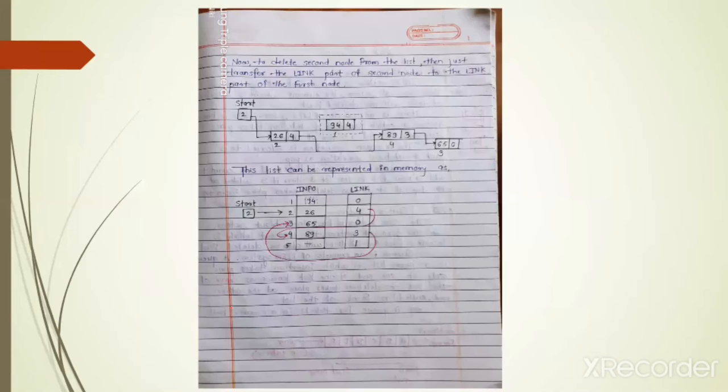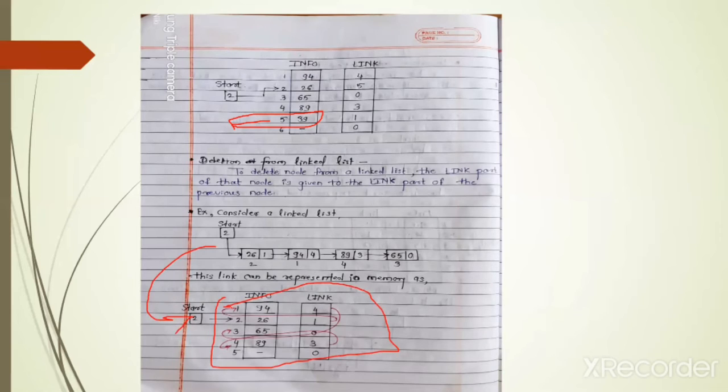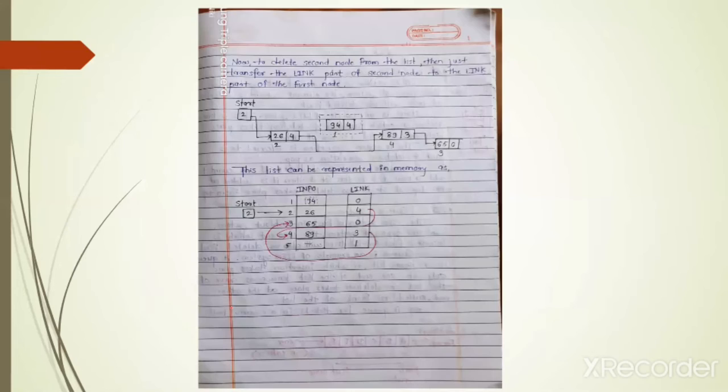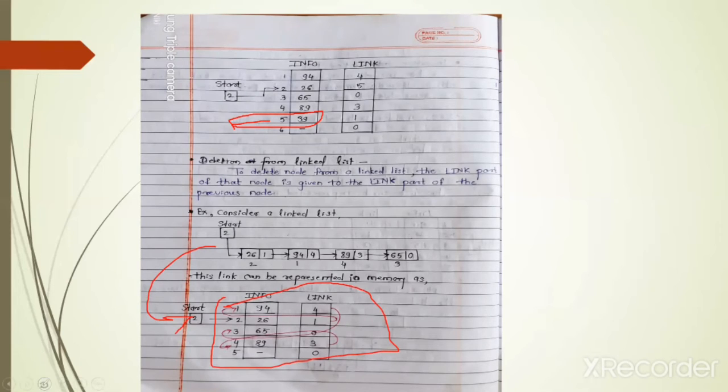Now deletion. To delete the second node from the list, just transfer the link part of the second node to the link part of the first node. The second node is 94, so we are deleting 94.